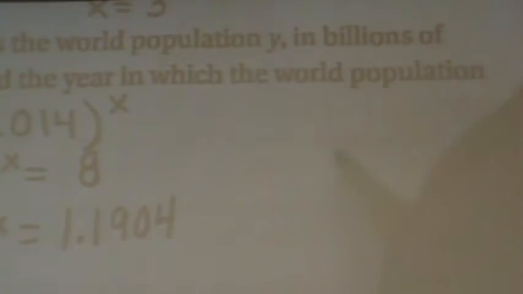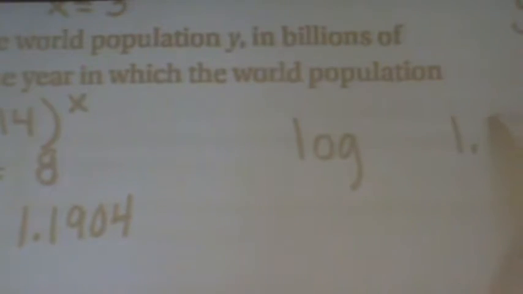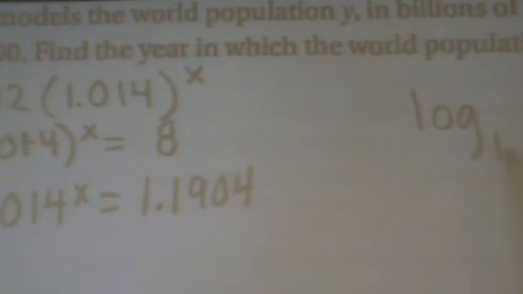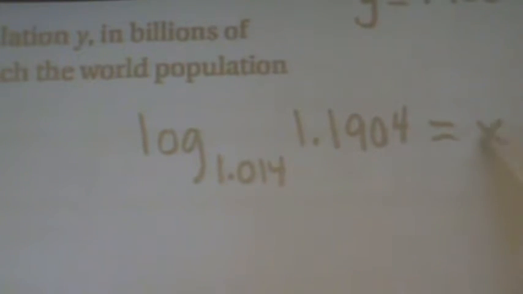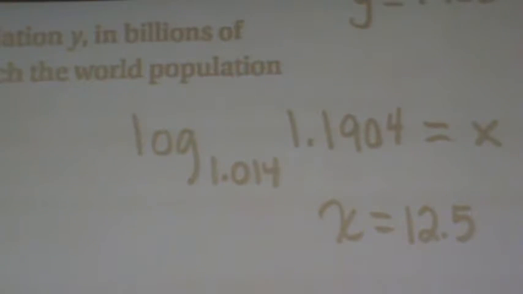Log of 1.19 base 1.014. You might need to leave a little bit of room there. So on your calculator, type that, just like that. And your answer comes out to be about 12.5. Did you get that, 12.5?